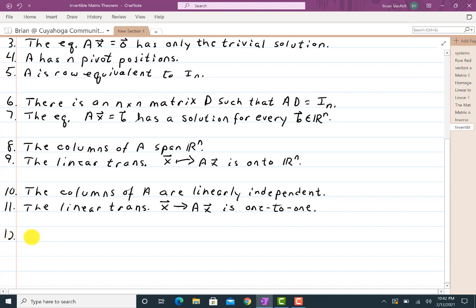And then finally, 12, A transpose is invertible.